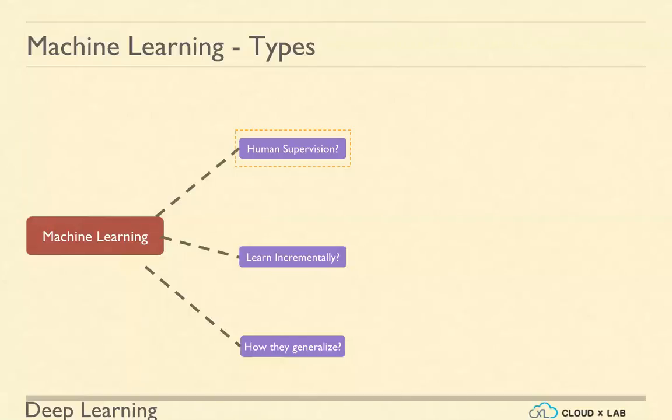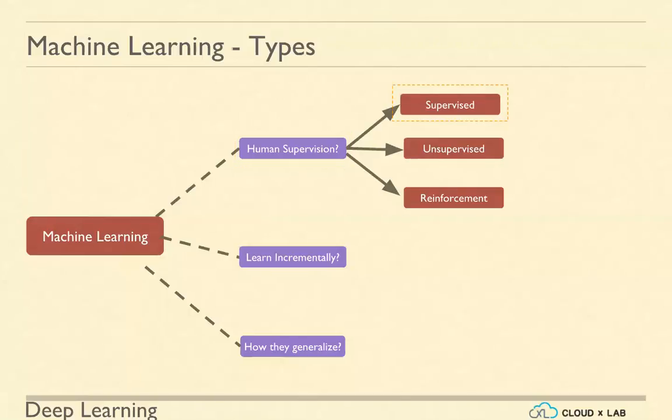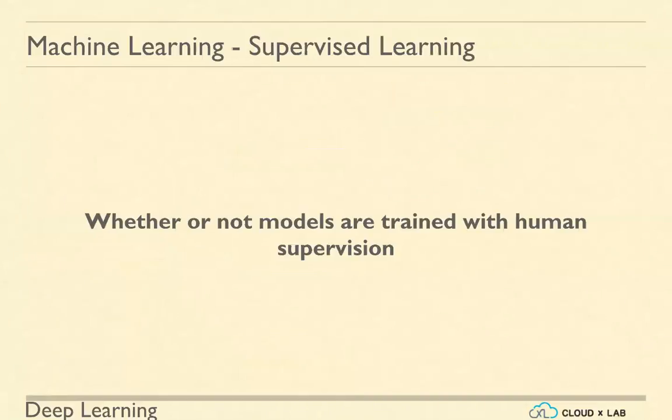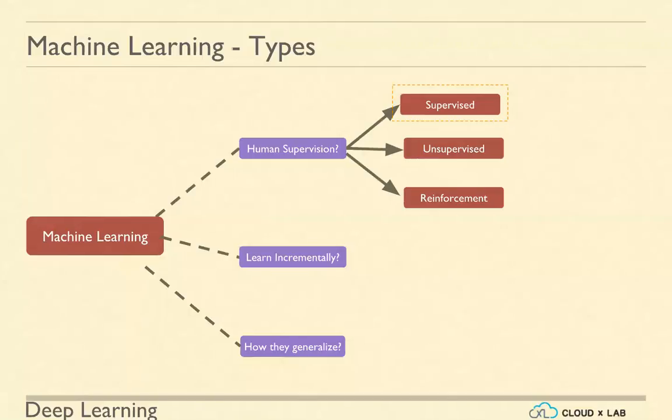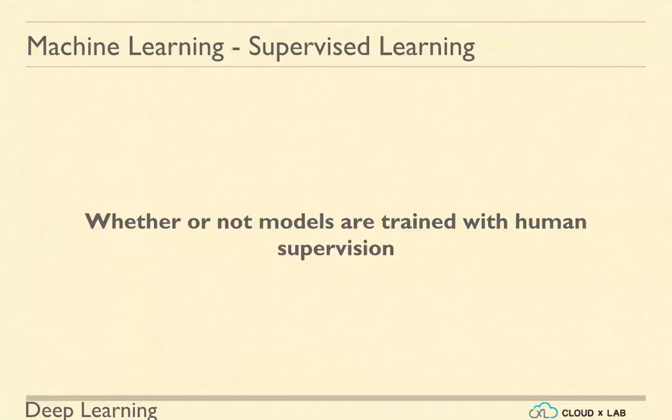Based on human supervision, we have three kinds of machine learning: supervised, unsupervised, and reinforcement. Supervised machine learning is the one in which we have the data with clear demarcation of what is right and what is wrong.